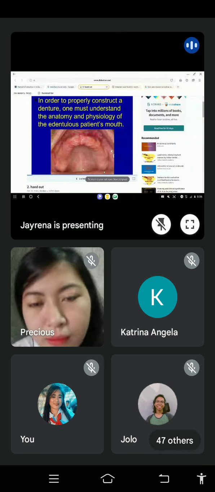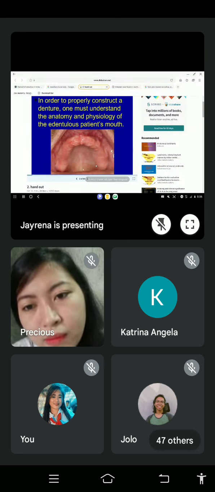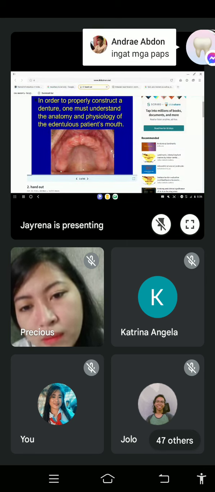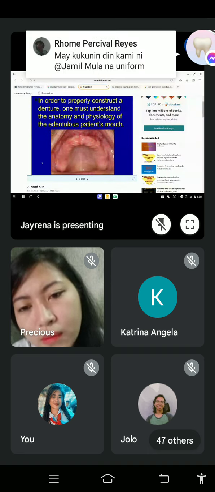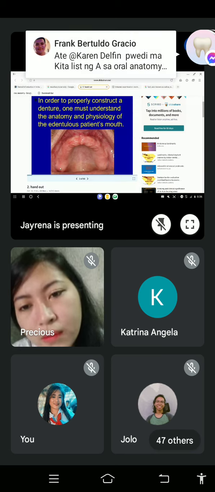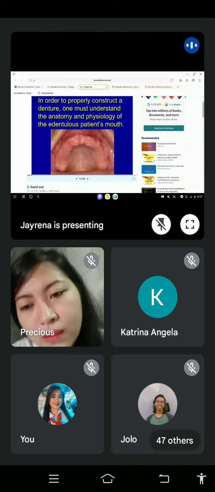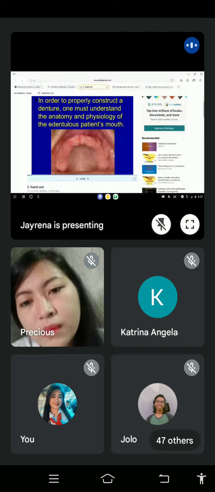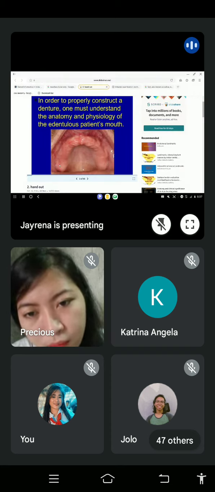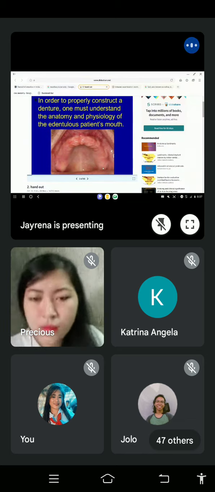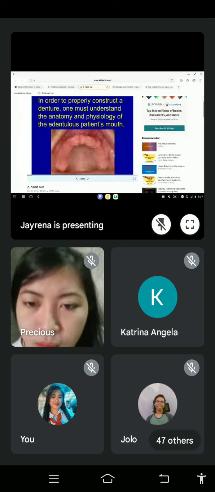So this one is a maxillary tuberosity here and here. So para saan siya? The maxillary tuberosity would hold the denture in place pagka wala ng ngipin. Remember, you have your full denture. So this bony prominence in the maxillary area, you call it as maxillary tuberosity. Do you understand?